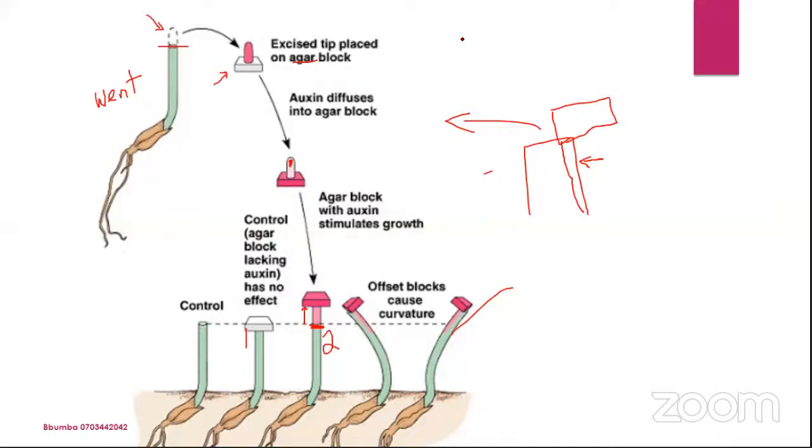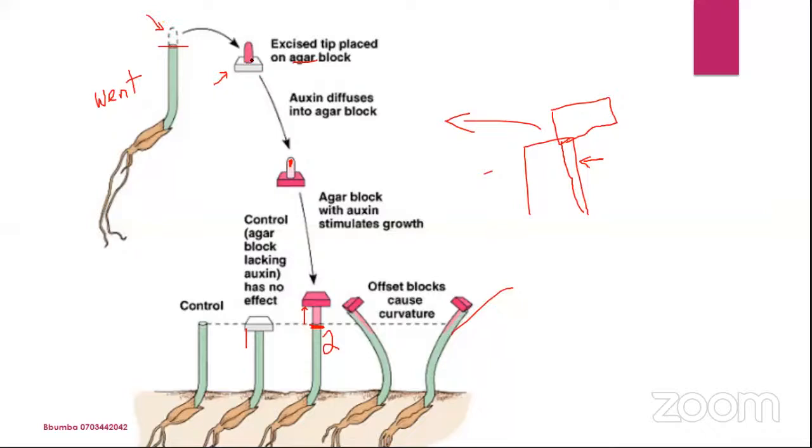If you pour water on a sponge, it absorbs it. So he got that block and placed the tip on that agar block.